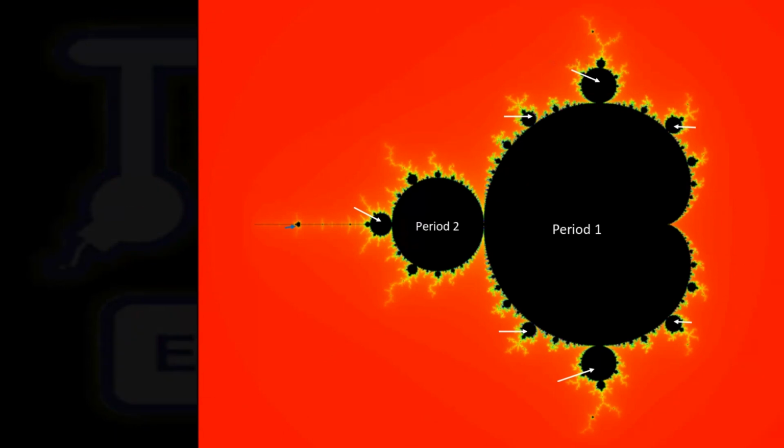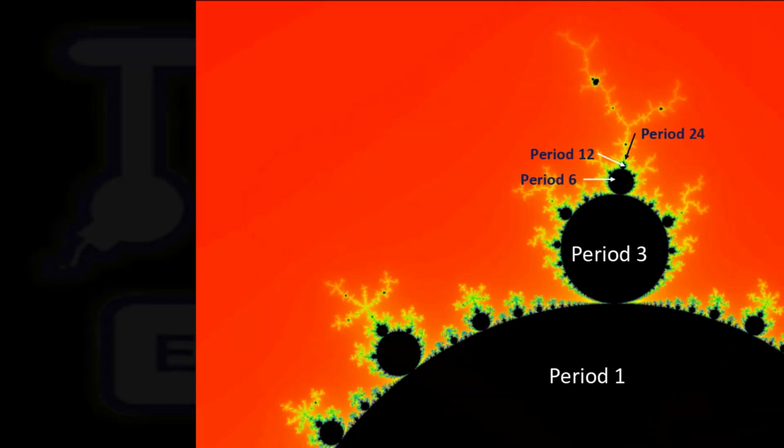If we zoom into any of these bulbs and then consider the largest bulb connected to it except the parent bulb, and continue in this way, here also we will find the doubling cascade. Like if we consider the bulb of period 3, we will find bulbs of period 6, 12, 24 and so on attached on top of it. If we start from any other period like 5, we will find 5, 10, 20 and so on.